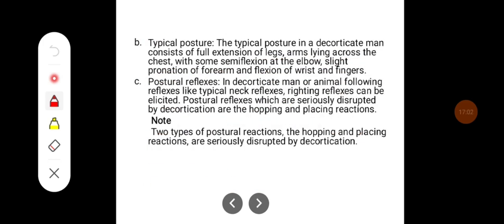The typical posture in the decorticate man consists of full extension of the leg, with the arm lying across the chest with some semiflexion at the elbow, slight pronation of the forearm and flexion of the wrist and fingers.